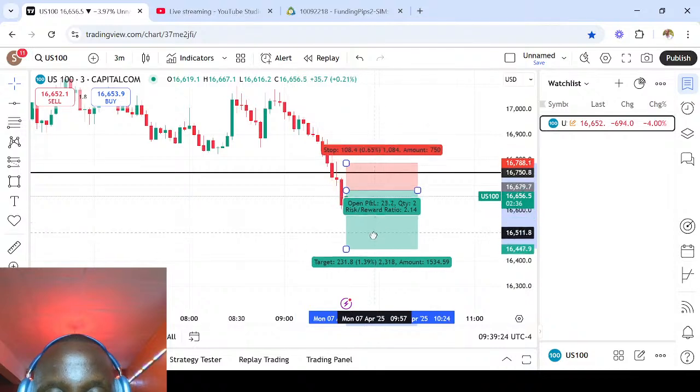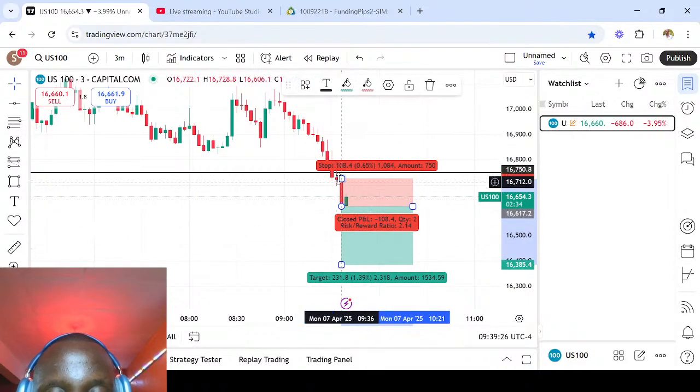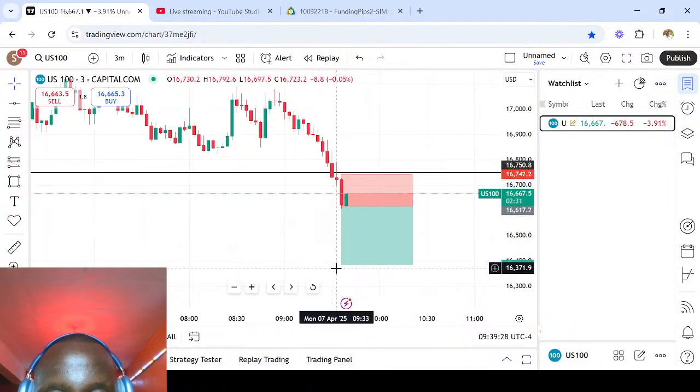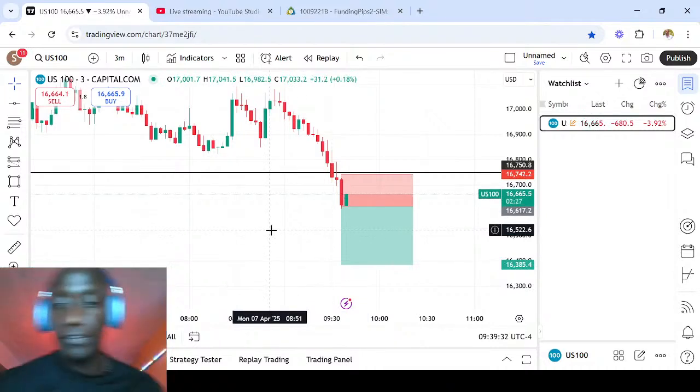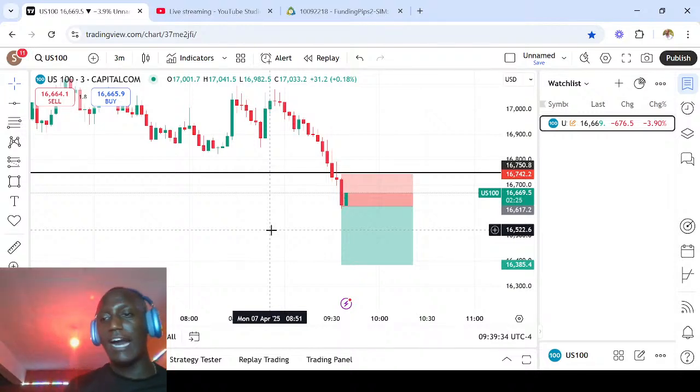So at this point, if you are late, you can get in here, stop loss above that candle. Still target a 1:2. At this point, we are at break even, so it's a risk-free trade. Whatever happens, happens.